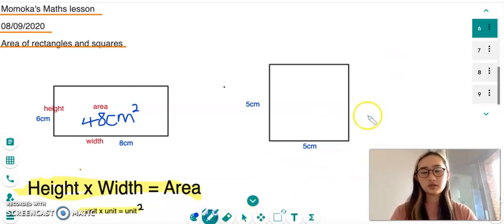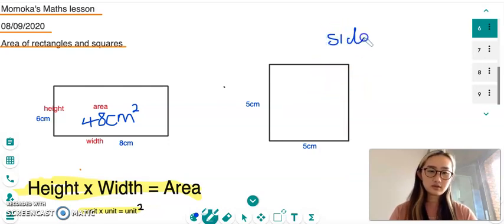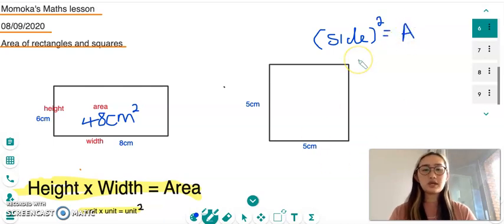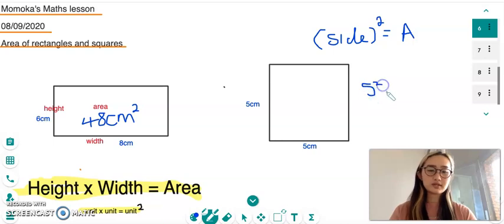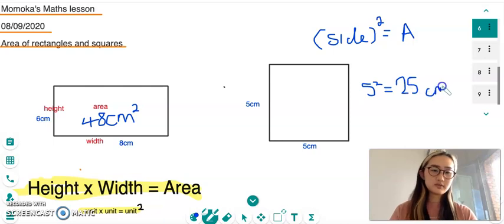So I will write that down for you: side squared equals area. But you also get the same answer if you just do height times width. So in this one it would be 5 squared, which is... I'd probably try and wait for them to answer. If not, I'd say it's 5 times 5 is 25 centimeters squared. So that's the answer there.